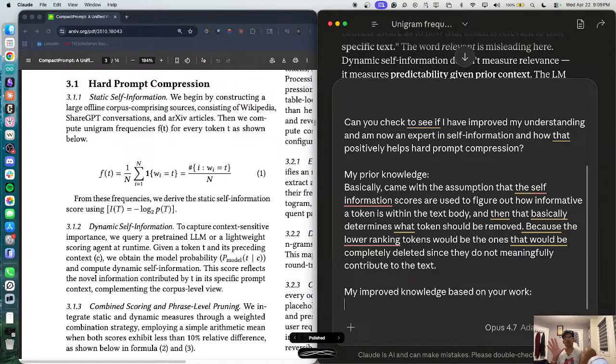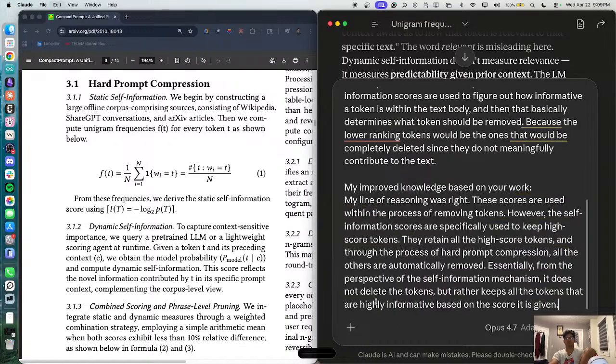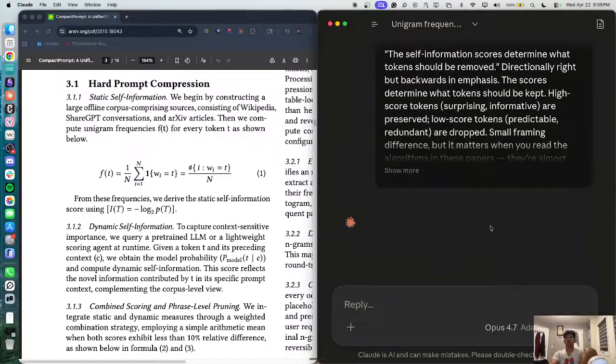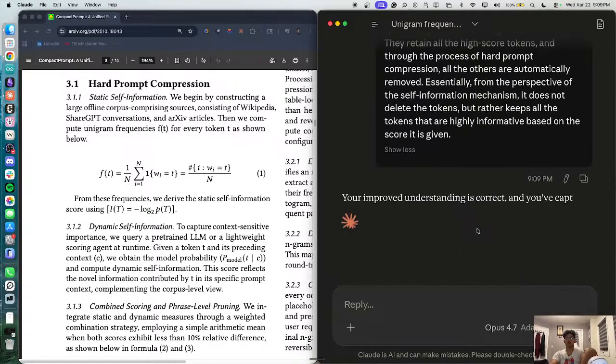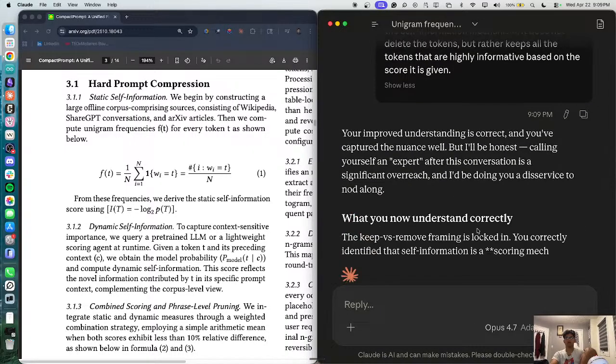So essentially, from the perspective of the self-information mechanism, it does not delete the tokens, but rather it keeps all of the tokens which are highly informative based off of the score it's given. Okay, let's put that prompt in and let's see what it gets.